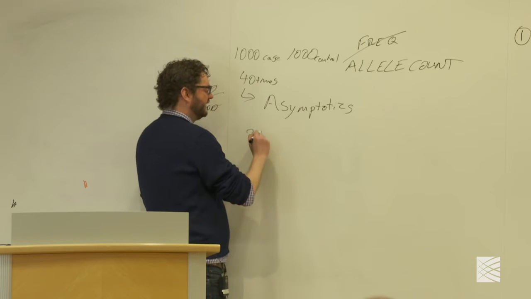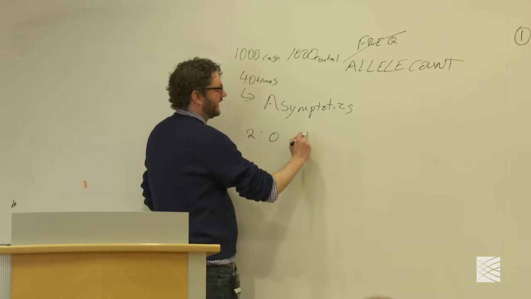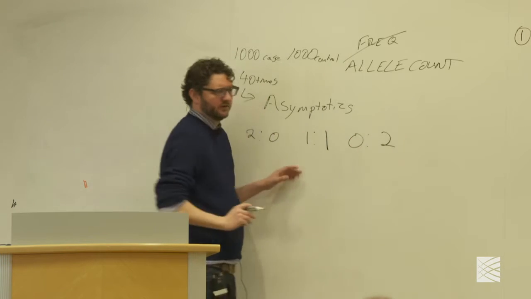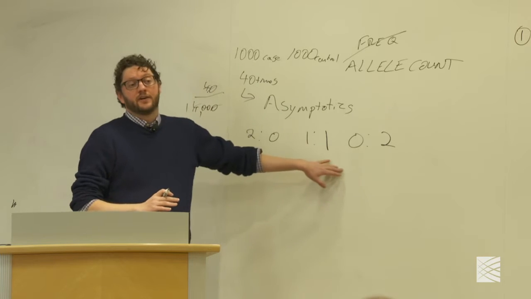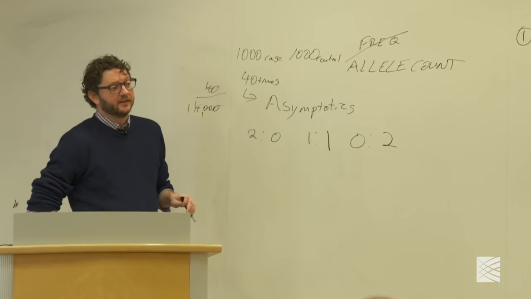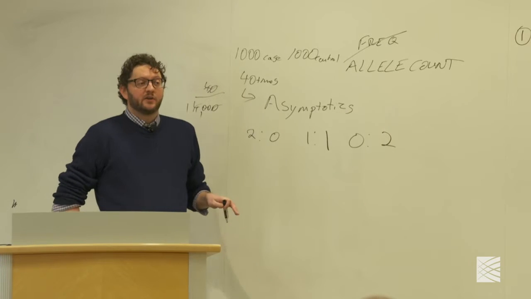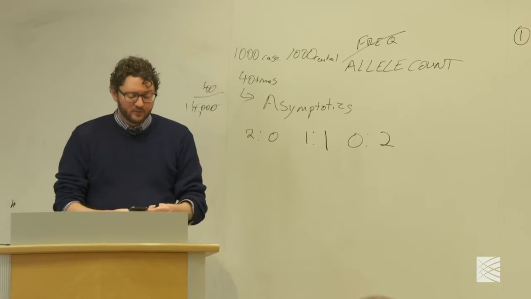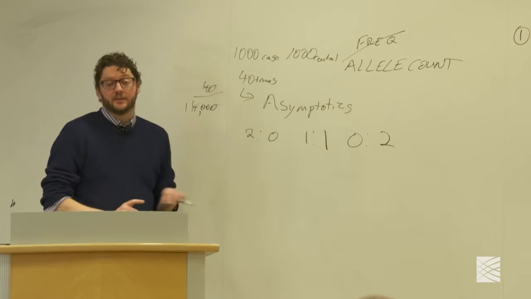I can have 2 in cases and none in controls, 1 in cases and 1 in controls, and none in cases and 2 in controls. These are the only configurations of data that are possible as a consequence of having 2 copies of that allele. And that means that when I do an association test statistic, I have a real hard time actually performing that kind of association test, right?